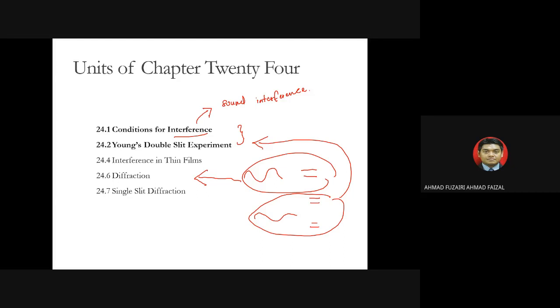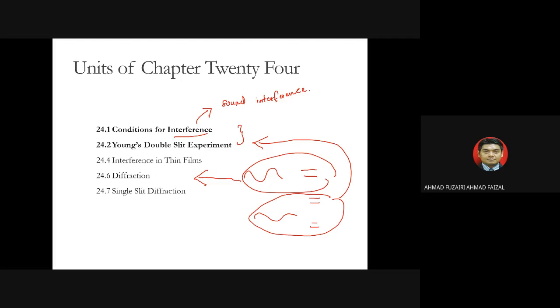Right now I want to explain the Young double slit experiment. That's why it is called the Young double slit experiment, because it involves two slits, dua celah. That's why we are learning about interference.